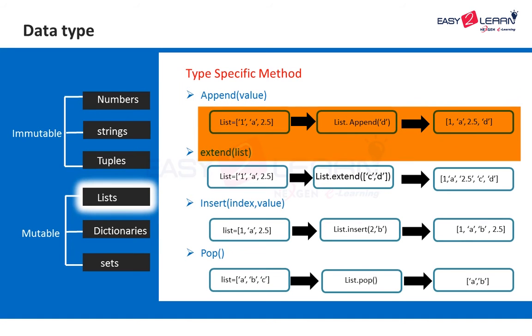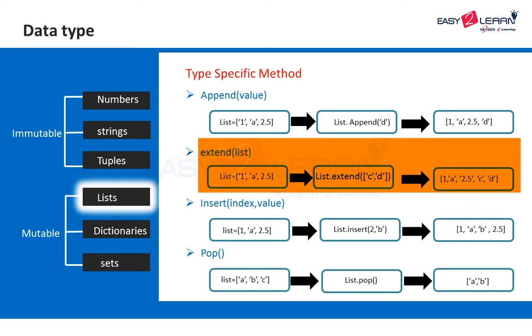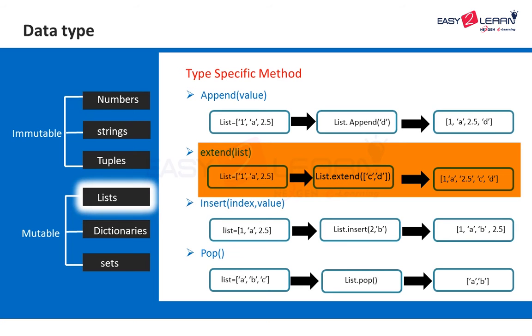But if you wish to extend your list with multiple values, then you can use the extend operator, inside which you will specify another list, and these would be added to my original list. So here you had 1, A and 2.5. Once I use list.extend where I am specifying C and D, it gets updated to 1, A, 2.5, C and D.